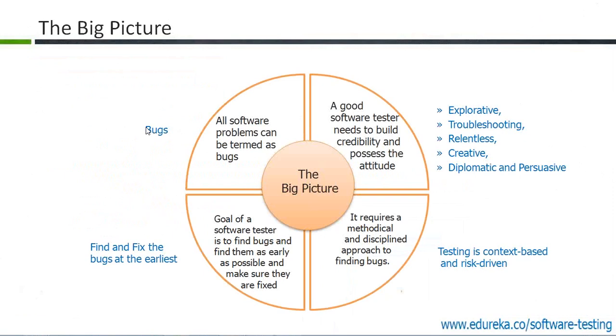The reason is they have their ego problem. If you go and tell the developer, boss, the application that you released has got a bug, please fix it and send it to me immediately, obviously he will say, no, we did testing and it was working fine, so it is not our fault.